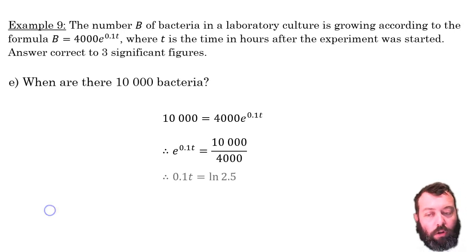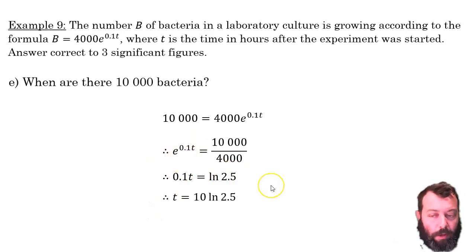Then I do the log of both sides. The log base e of both sides means that this here becomes 0.1t, and this becomes the log of 2.5. Multiply both sides by 10 to get rid of that 0.1, and t is 10 log 2.5.